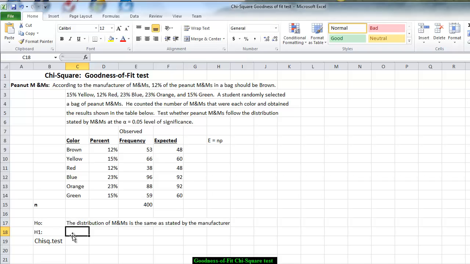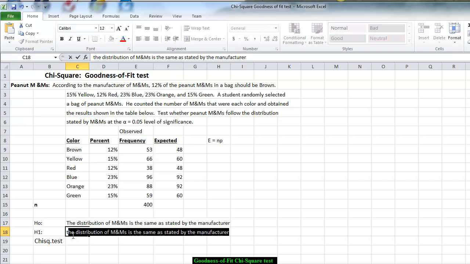The alternative says that the distribution of M&Ms is different than stated by the manufacturer.